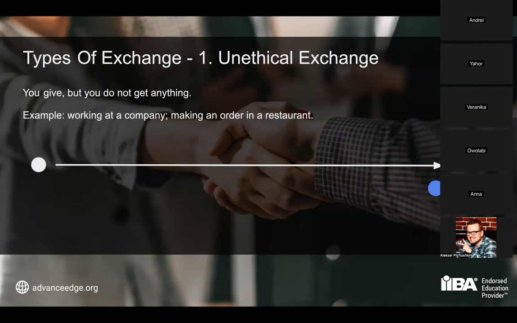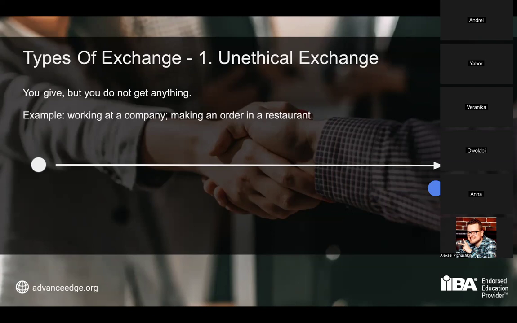It is called unethical exchange, or in some sources, you can even see the word criminal exchange, right? Why is this called this way? Well, assume we have two parties, right? For example, your employer and you. And unethical exchange is when you do something, you give, but you do not receive anything in exchange.